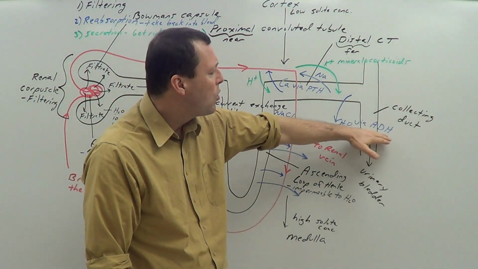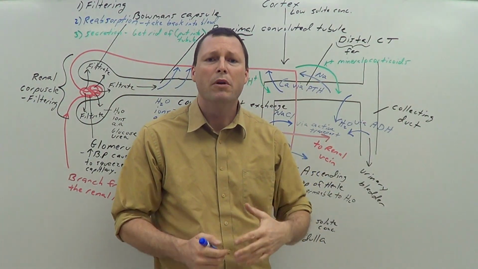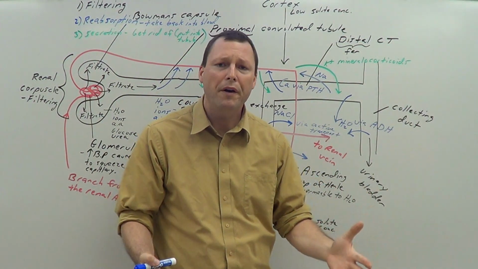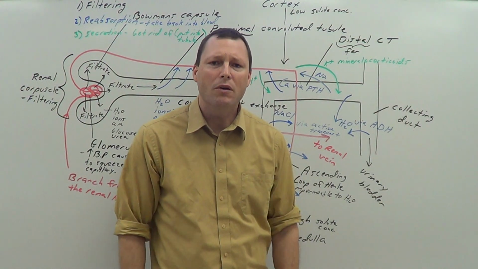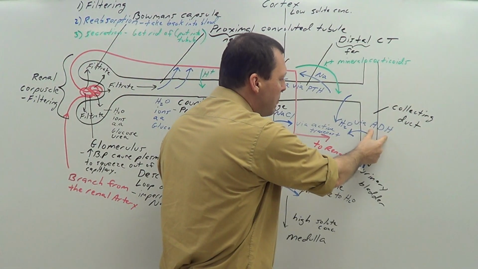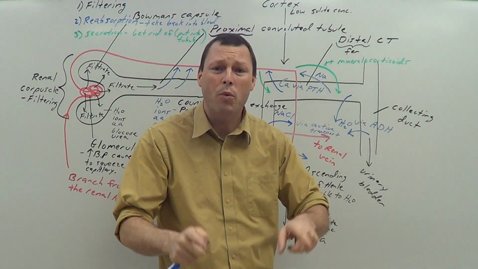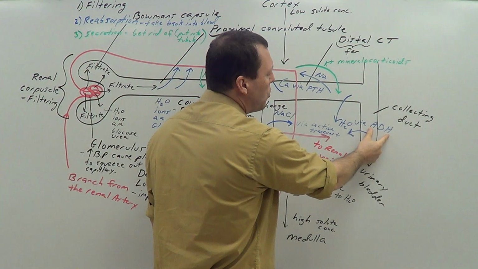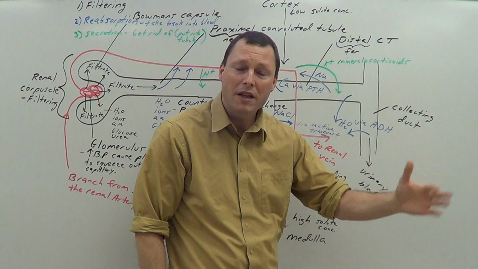Now, if antidiuretic hormone is low, for example, maybe you're in a classroom and you've got a bottle of water and you go through a quart of water in a single period. Well, you've got excess water in your body now. So your body is going to say, I'm going to produce very small amounts of antidiuretic hormone. I don't want to produce much antidiuretic hormone. I want to get rid of that excess water. So when I've got low amounts of antidiuretic hormone, I'm not going to reabsorb excess water and it's going to go out. I'm going to urinate that excess water out.